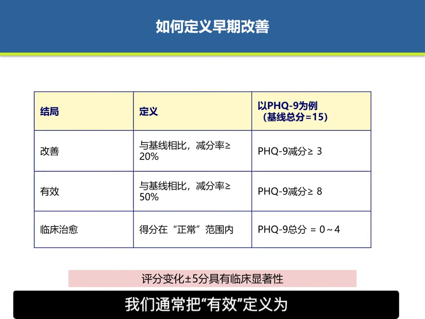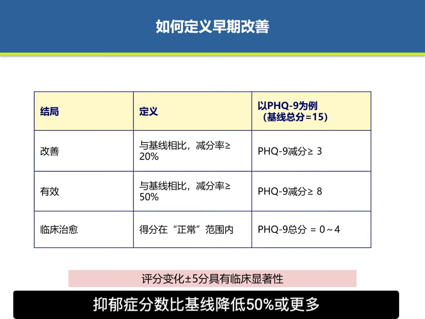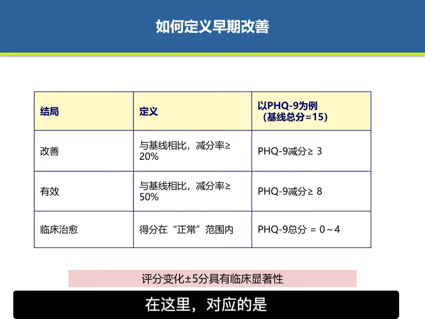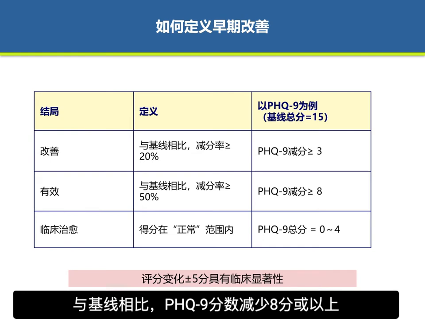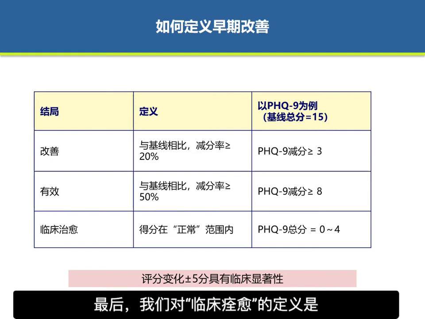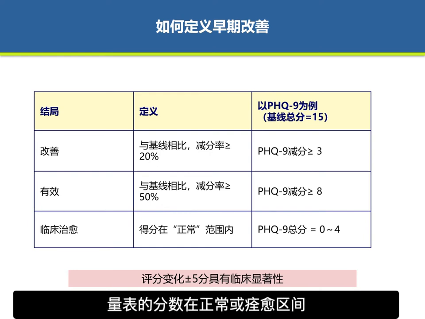When we define response, we usually define that as 50% or more reduction in depression scores from baseline. So in this case, this would be a change of 8 points or more on the PHQ-9 from baseline. And finally, when we define remission, this is a score in the normal or remission range of the scale, which for the PHQ-9 is a score of 0 to 4.